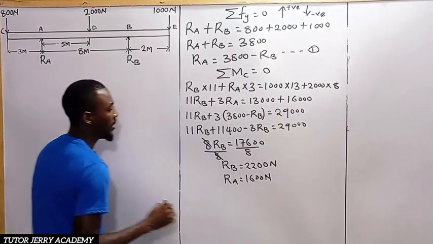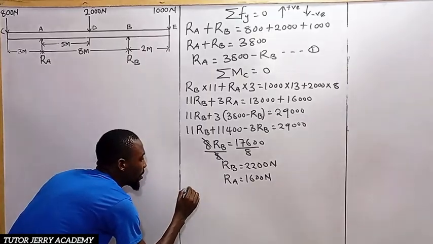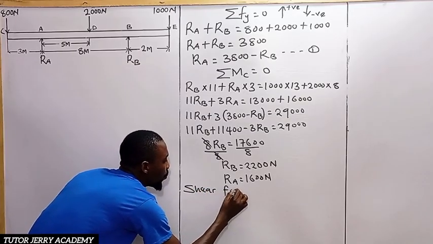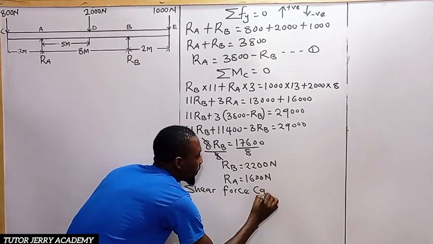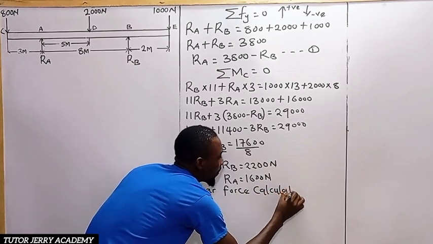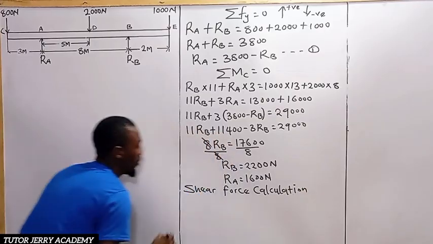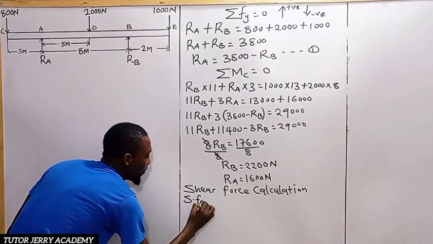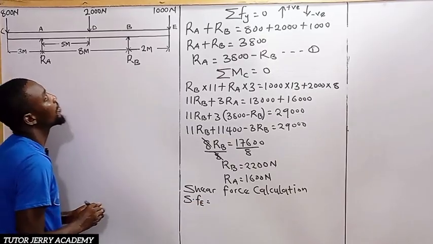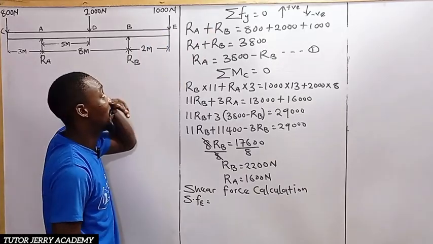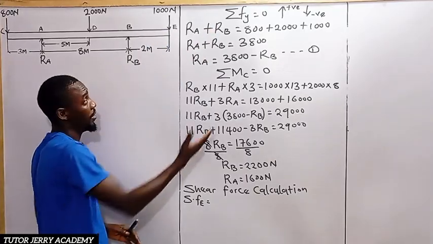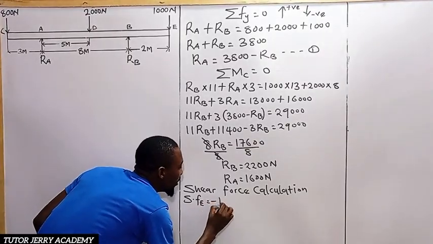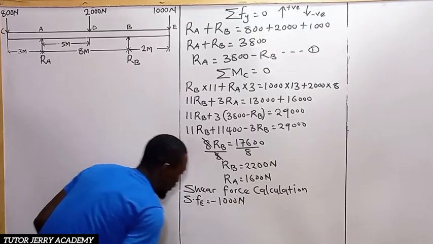All right. So now the next thing we are going to do is the shear force calculation. All right. So we're starting at point E. If we start at point E, to your right hand side, we only have one force. And don't forget, downward force is negative. So this is going to be negative 1,000 Newton.